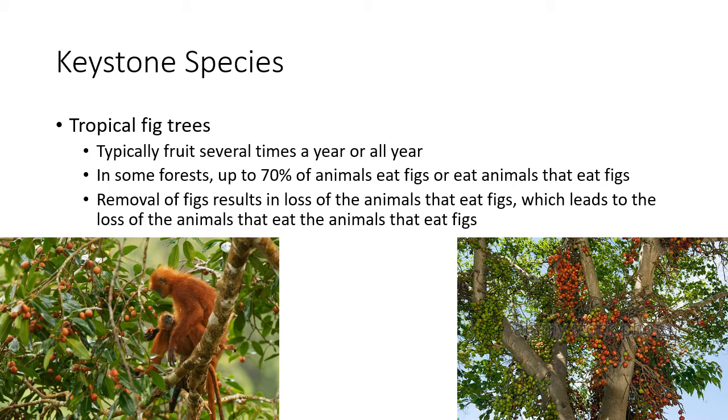And they often, especially in the rainforest, will fruit several times a year. So they provide fruit when many other species of plants are barren of fruit. And in some forests, about 70% of animals eat either the figs or the animals that eat the figs. So you remove the figs and those animals will go, and then the predators will also go.